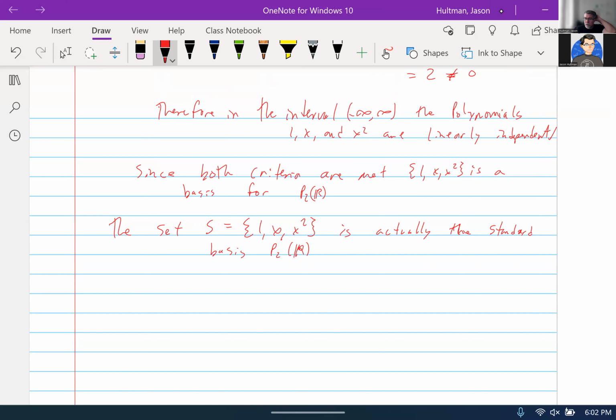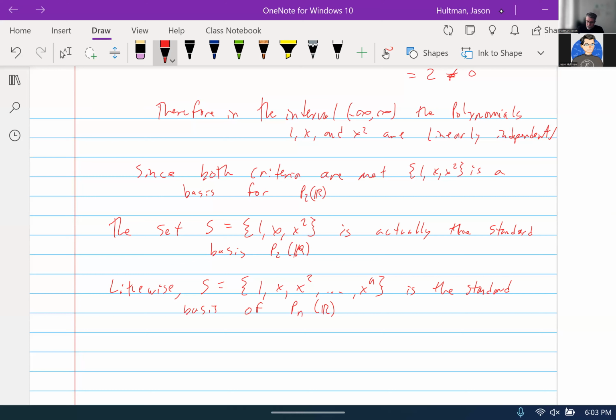Okay, we needed 3 vectors to do that. We needed 3 vectors, 3 components to give us the standard basis for P2(R). Likewise, S equaling {1, x, x squared, all the way to x to the nth power} is the standard basis of Pn(R).